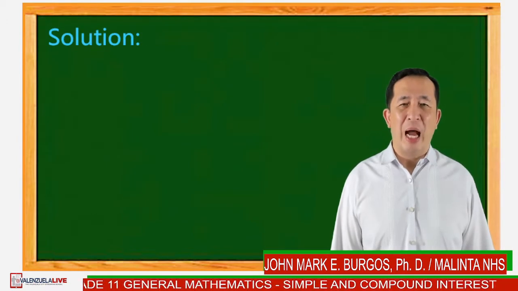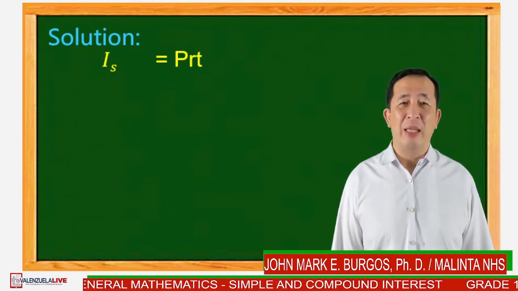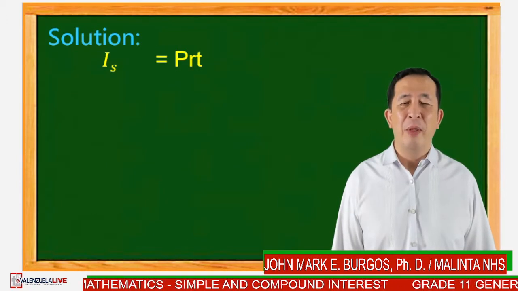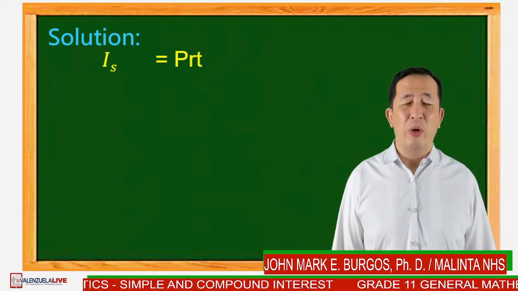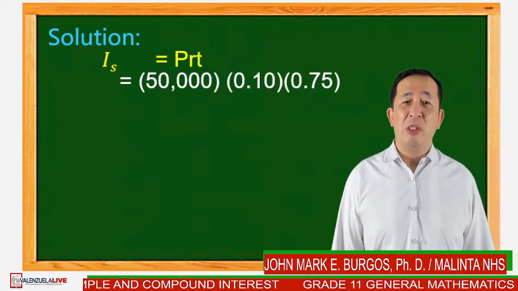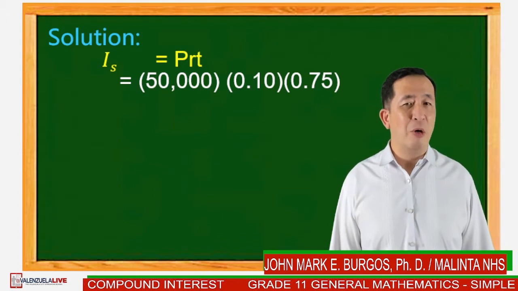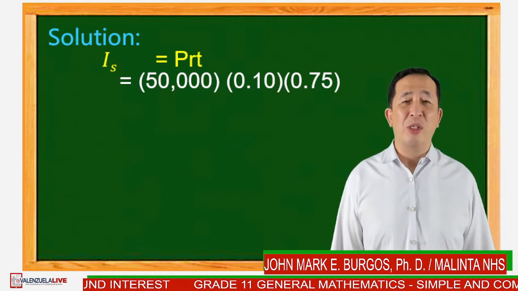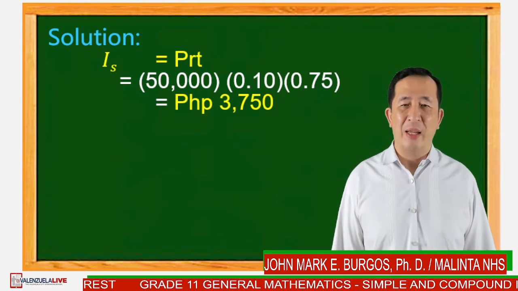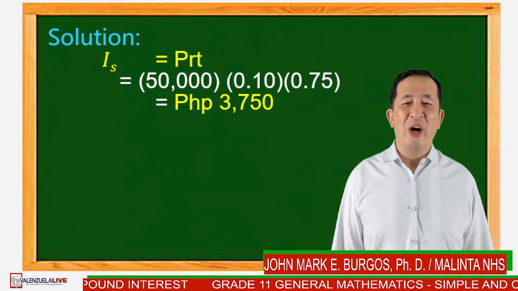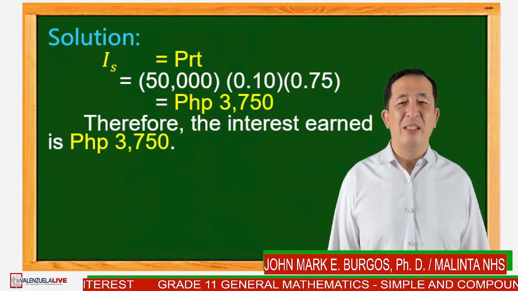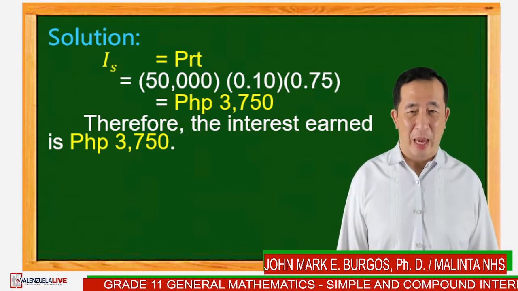Using the formula I is equal to P times R times T, substituting the values, we have 50,000 times 0.10 times 0.75, the interest will be 3,750 pesos. Therefore, the interest earned is 3,750 pesos.